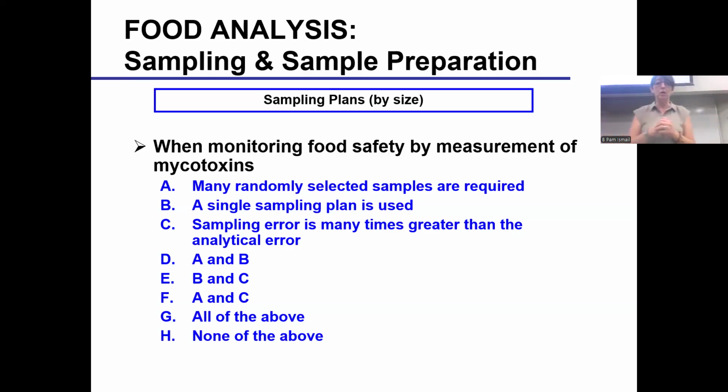I'll talk about producers' risk in a minute. But a single sampling plan is what you usually use. Here's why. First of all, you take a large number of samples, and if you have 0, great, you accept. If you have 1 sample that has mycotoxin, you reject. Okay.